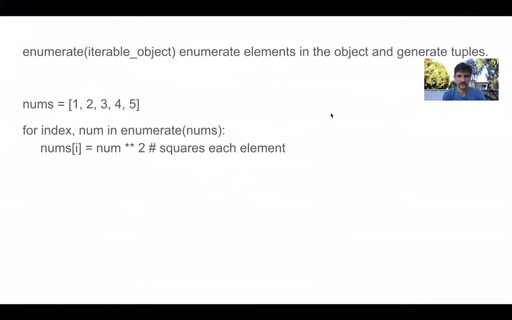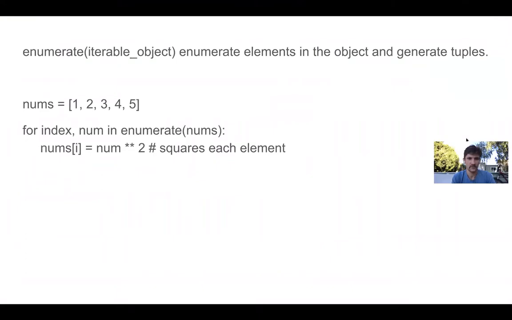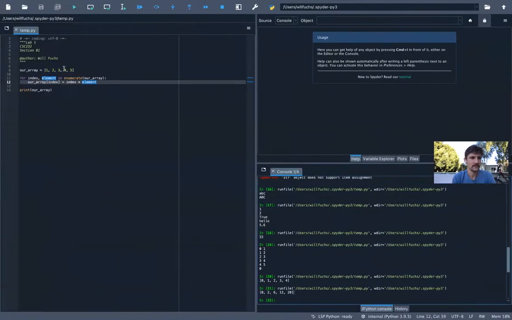And this next slide is just going over the enumerate. Yeah, here a good example would be squaring each element in the array. We can go back and do that one here. So we want to iterate over every element, but we also want their positions.